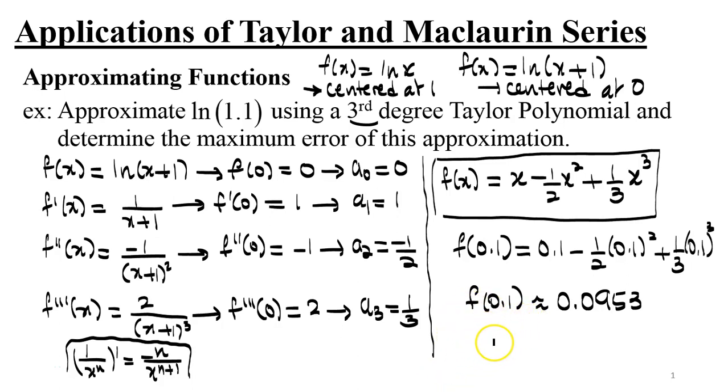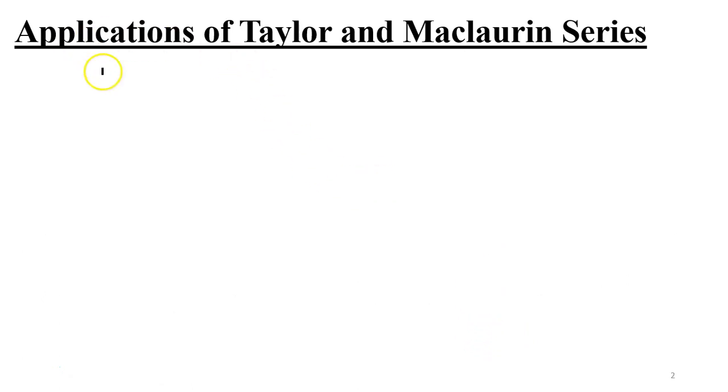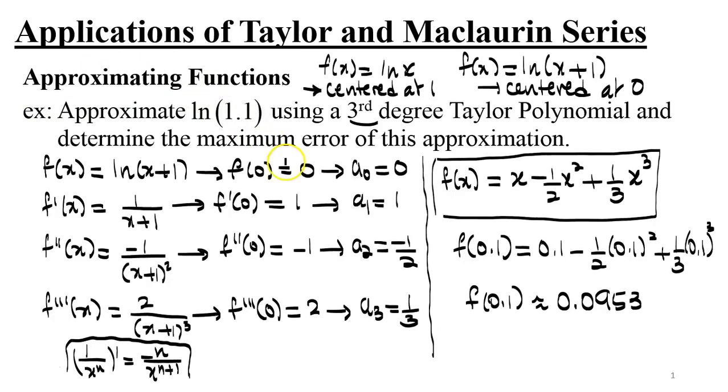So what is the maximum error obtained by doing this approximation using this third degree Taylor polynomial? So what we need to do here is use the Lagrange form of the error term. So I'm going for R3 of 0.1, since over here x relative to this function is 0.1.